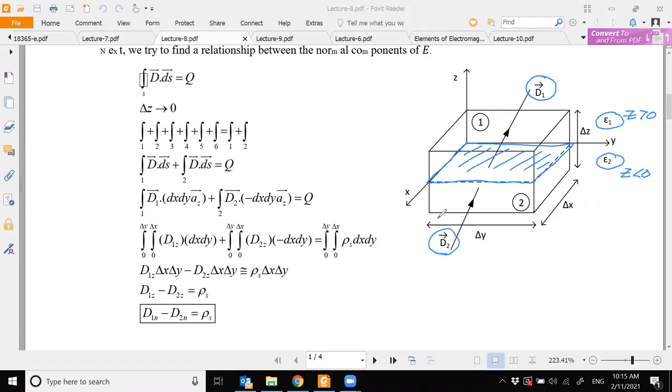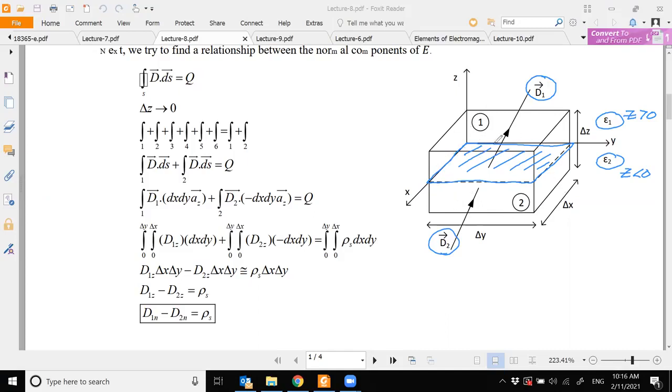Okay. So now I'm applying the second important law that your electrostatic field must satisfy, which is Gauss's law. To apply Gauss's law, we have to enclose it in a closed surface, right? So here my closed surface is this cuboid.